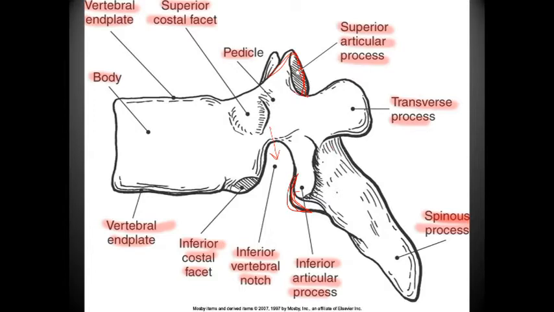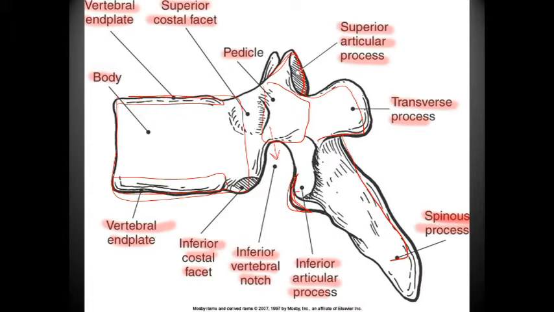We see the transverse process here, spinous process here, and so this area here is the pedicle. Also, we have the body of the vertebrae, which is comprised of this entire area here. We have a vertebral end plate and a vertebral end plate, and the end plate is the top and bottom portions of the vertebral body.